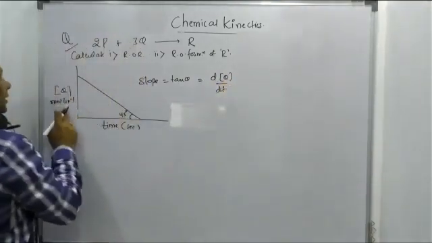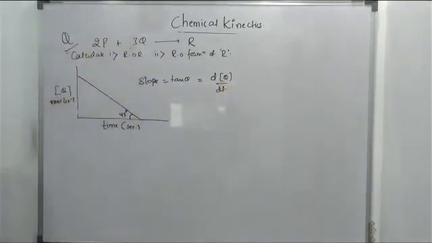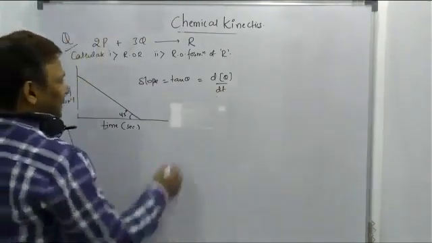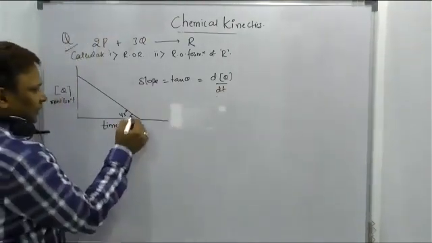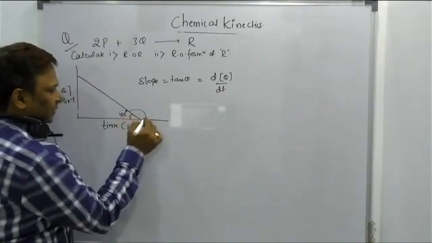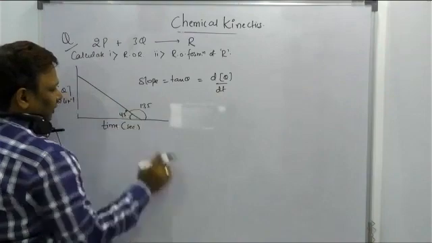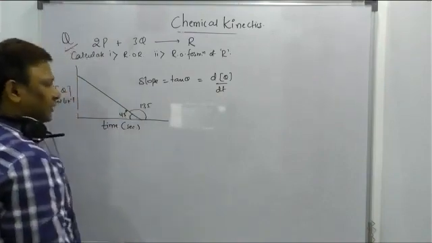Sir, what is Q here? It is the decrease in the concentration. A decrease in the concentration of reactant means I can say it is dQ by dt. And what should we get for tan theta? If the angle given is 45, get the value of theta. I think theta is 135.